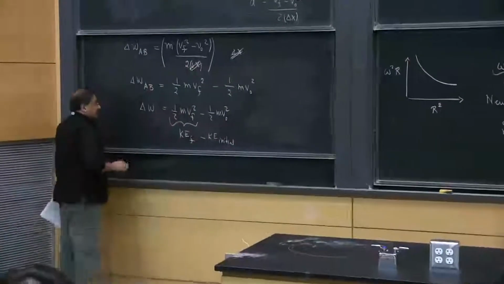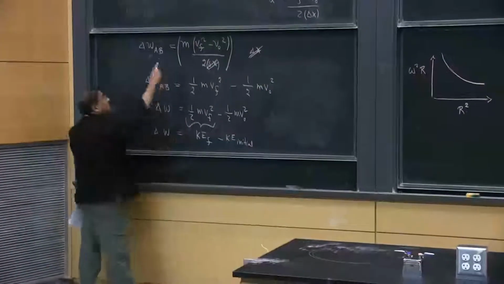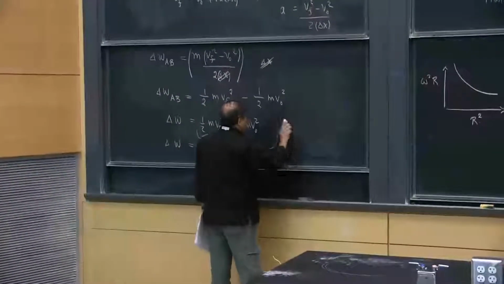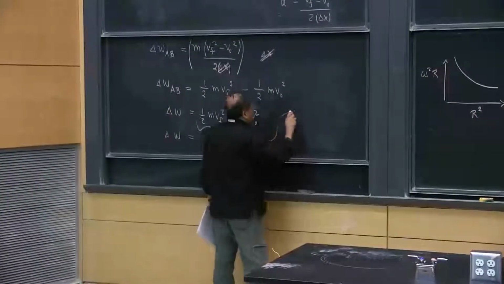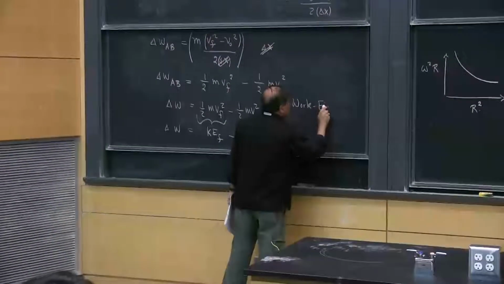This particular statement, that work done is kinetic energy final minus kinetic energy initial, is a very important theorem. It's called the work energy theorem. And I'll tell you why it's important.